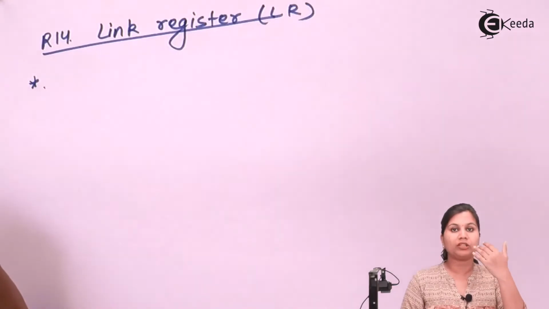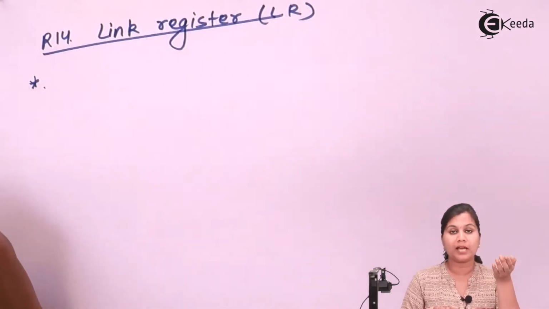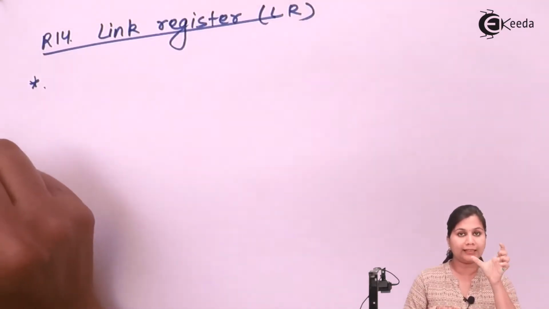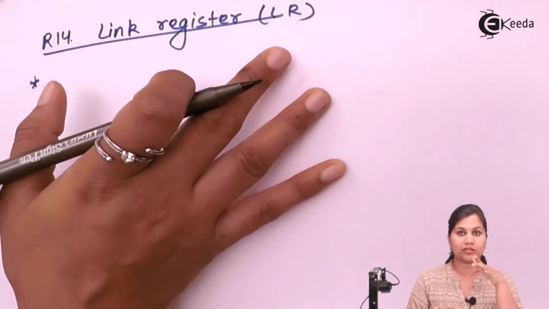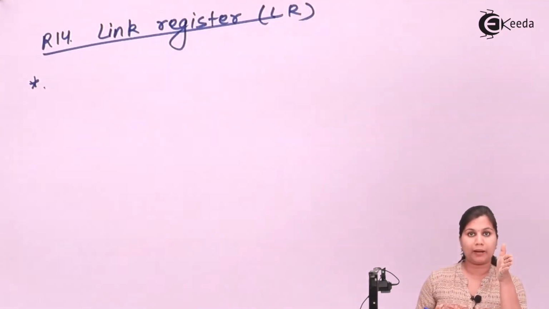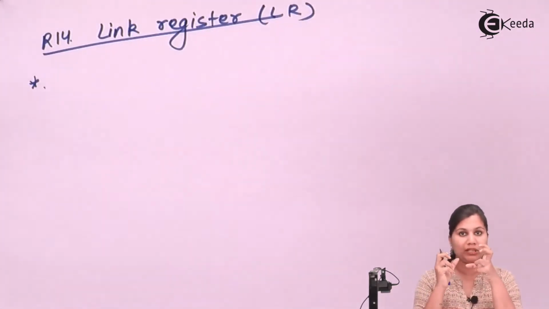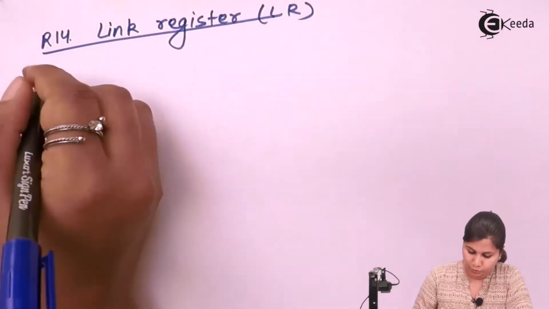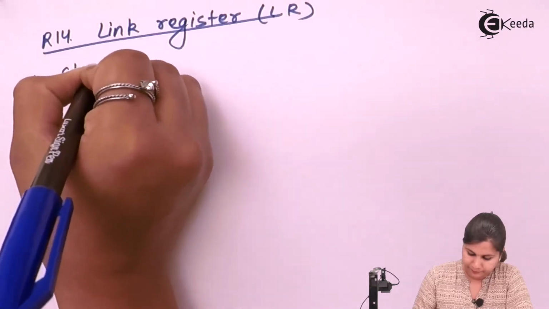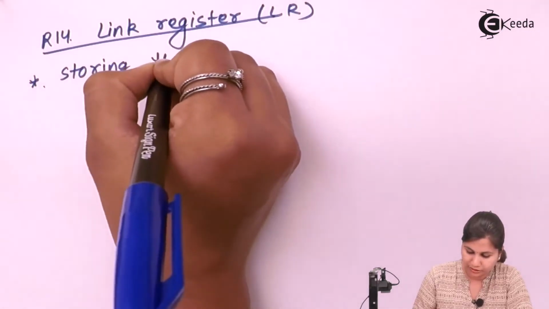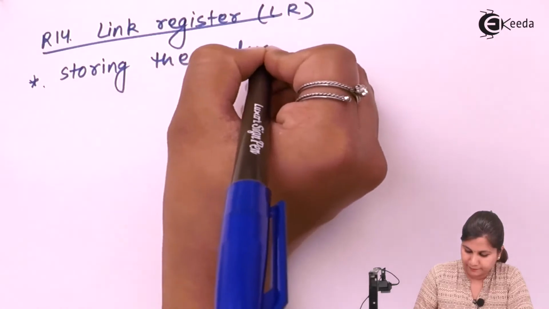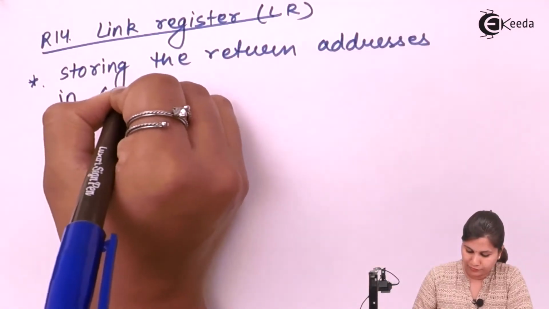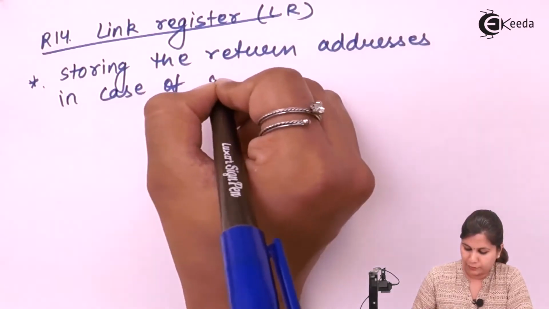When we have subroutines or interrupts, the address it has to jump to, and where it has to come back to, is stored in the link register. So to store temporary addresses between operations, the link register is used. It is used for storing the return address in case of a subroutine.